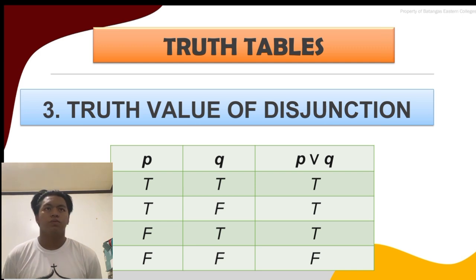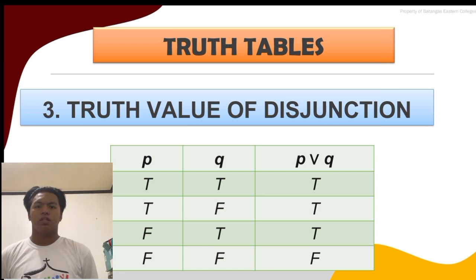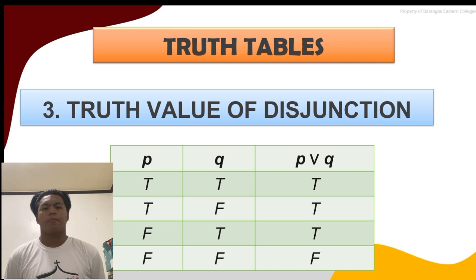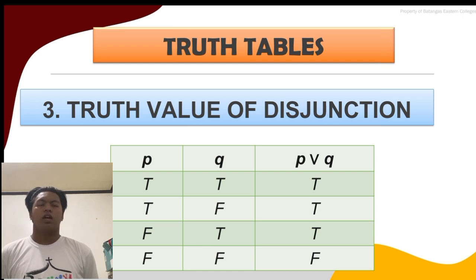So, if the first and the second statement have a difference, like, ang isa ay true at ang isa ay false, the compound statement will be true. So, if the first statement is false and the second statement is also false, the compound statement will be false.